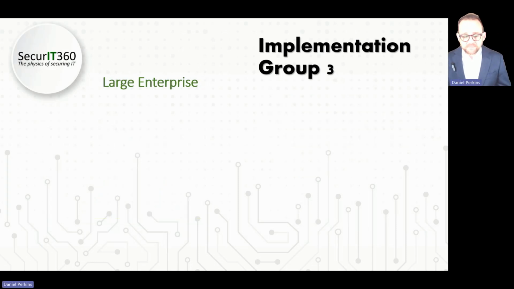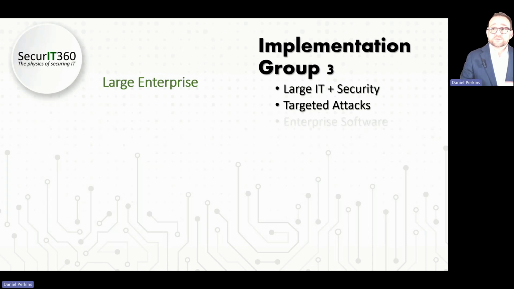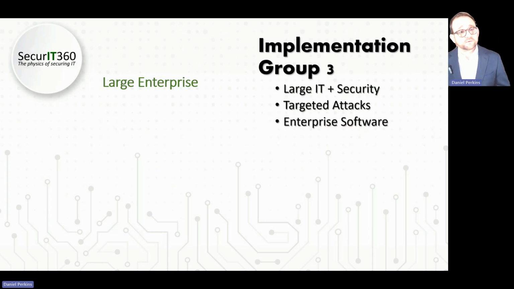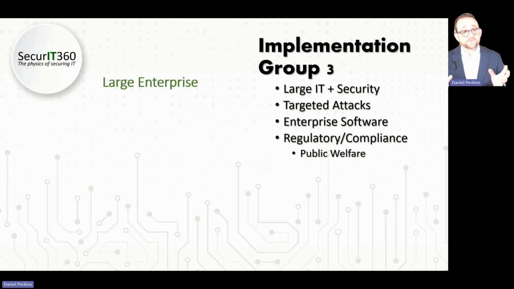Now with group 3, generally these controls are going to be for large enterprise, right? At this point, you probably have a large IT, maybe even a dedicated security team. And the focus here is starting to defend against targeted attacks. Certainly in a large enterprise, you're going to have enterprise class software, right? You're probably still going to have commercial off-the-shelf software. You pretty much never get rid of that, but you're going to start having more complex systems that are maybe integrated to other complex systems. So we see that enterprise class software. Again, we're focused here on regulatory and compliance, and there's probably even a bit of public welfare involved here, right?